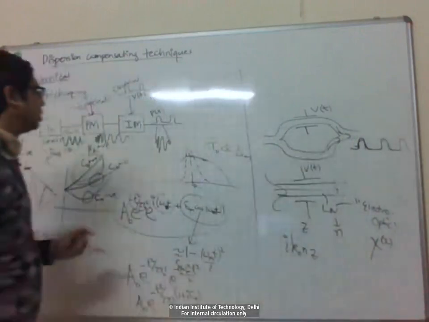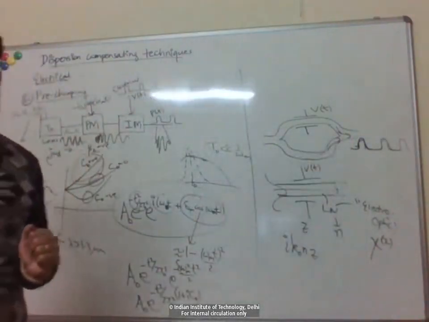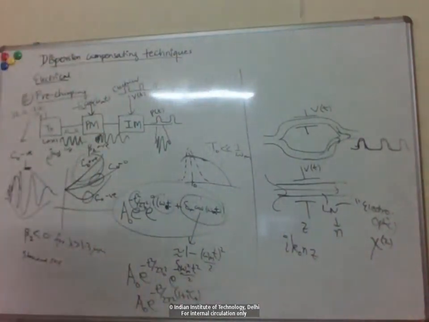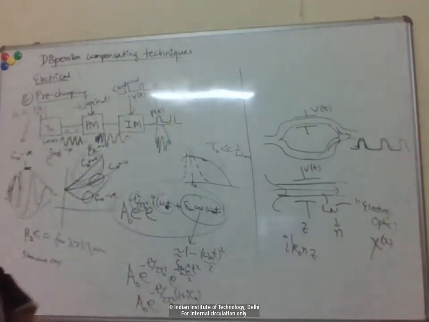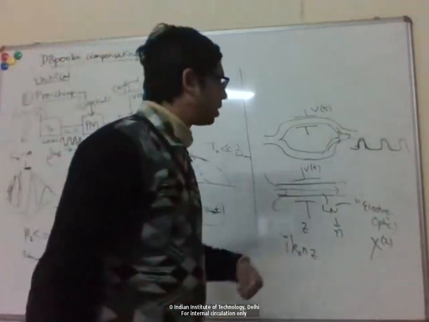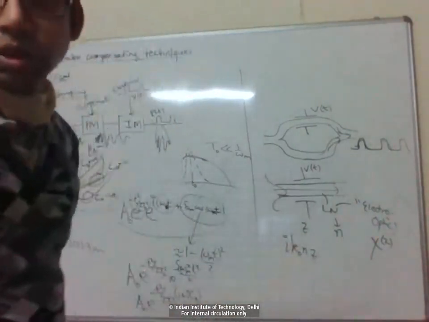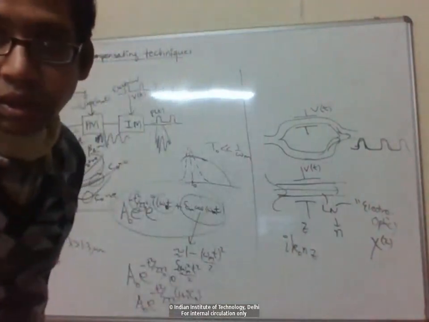So that's how you make intensity modulators. And as I said, you can make more complicated things, but the basic idea is just this: the refractive index is dependent on the voltage.